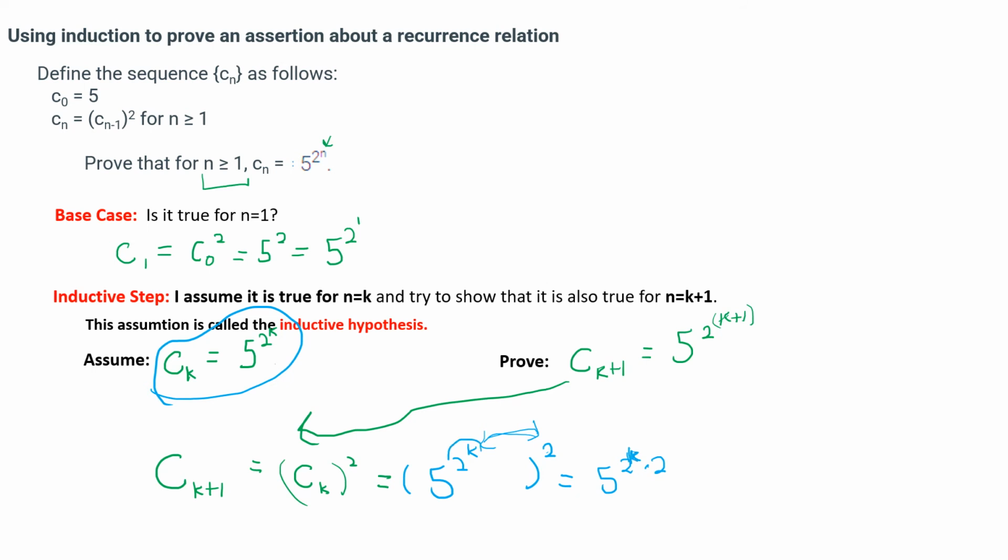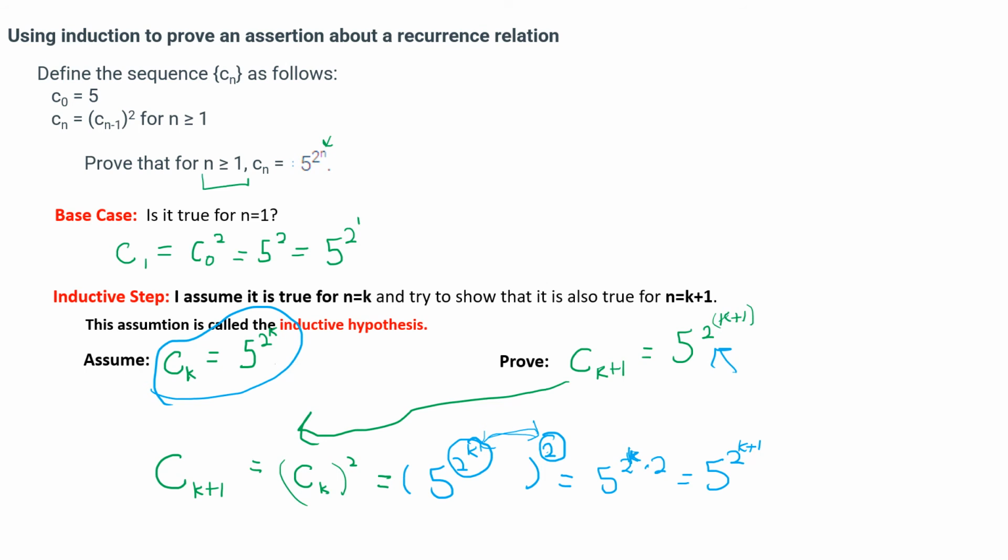I've got this exponent on the inside of parentheses, this on the outside. I multiply those together. And so that's 5 to the 2 to the k times 2, but I'm trying to get it to look something like this. I can write it as 5 to the 2 to the k plus 1. If we have 2 to the k and then times another 2, that's the same thing as 2 to the k plus 1.